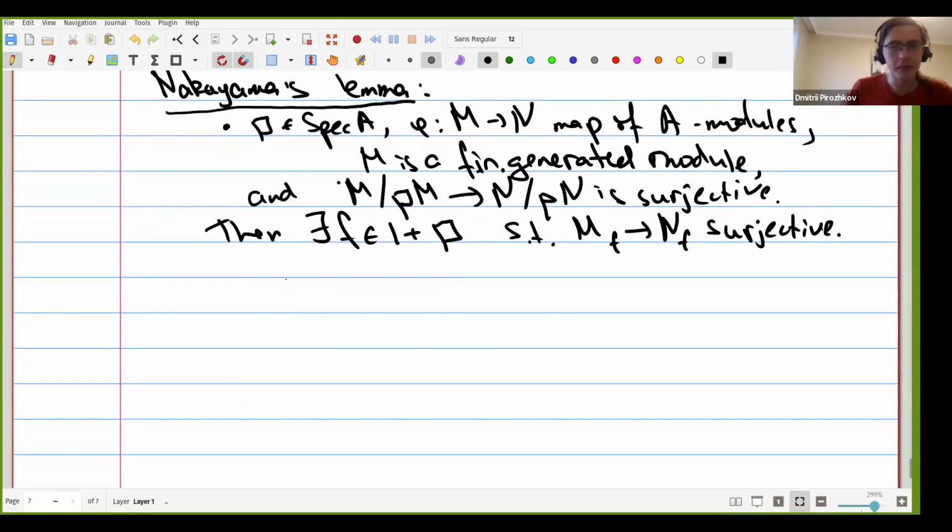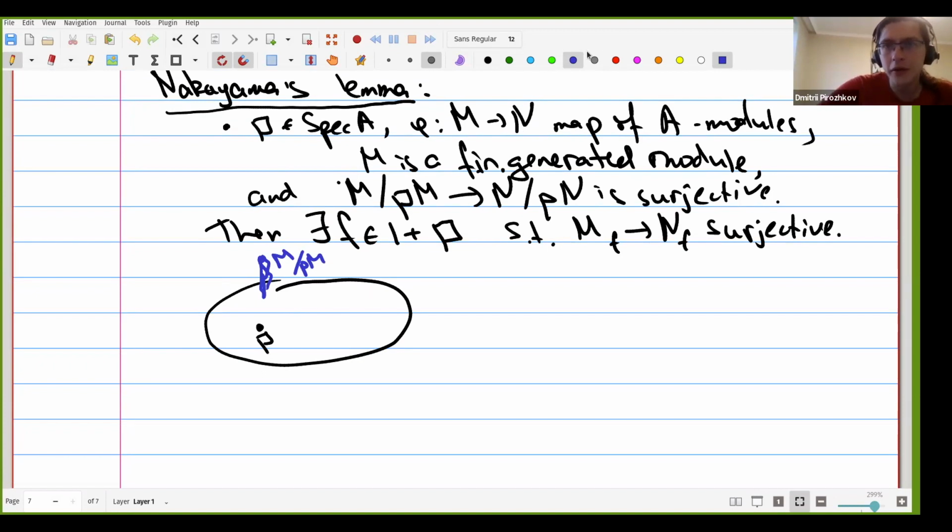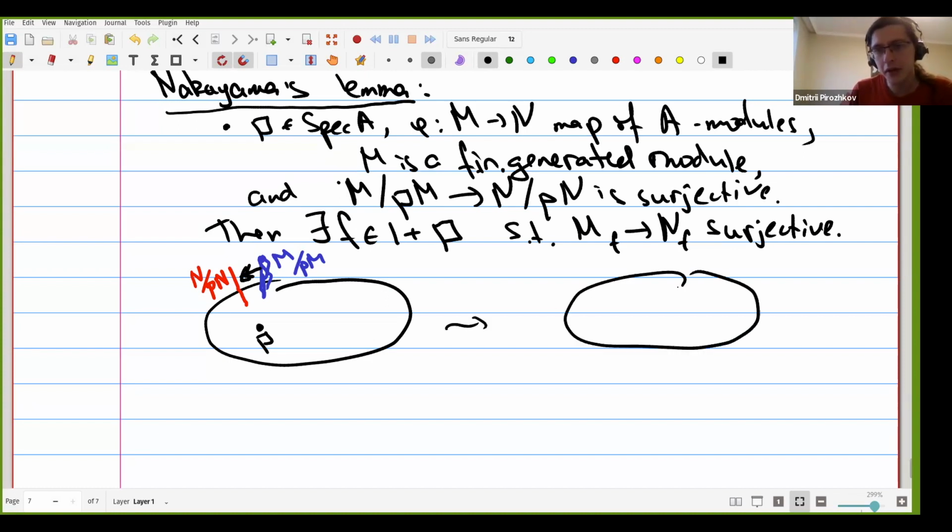So geometrically, this means that if you have this point P, and you have two somethings, something called M, and something called N, and the map between them is a surjection, then under some finiteness conditions, that M is finitely generated, you conclude that there exists some distinguished open set D(f).